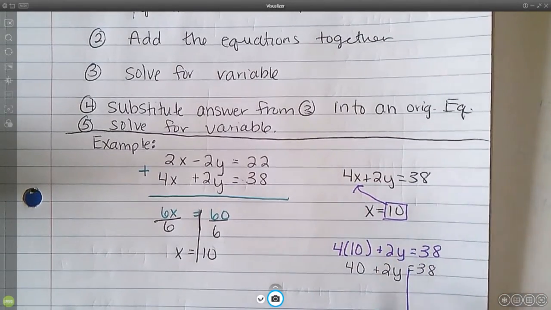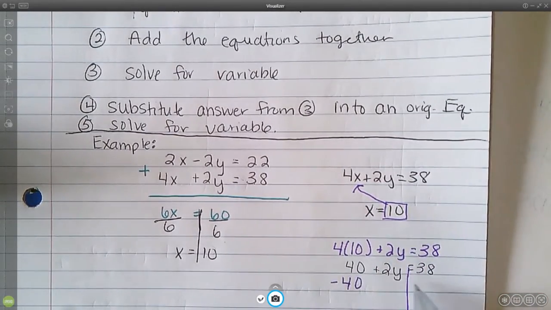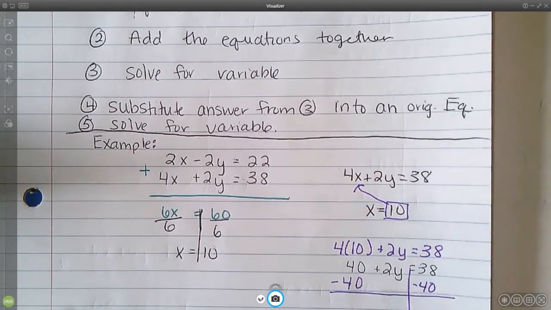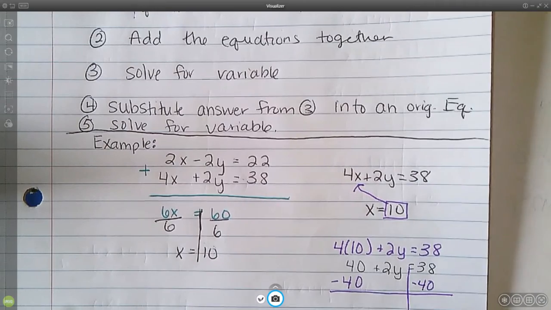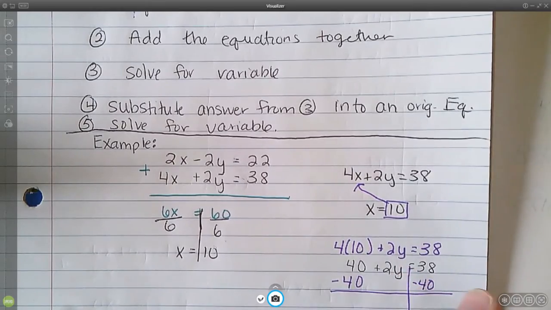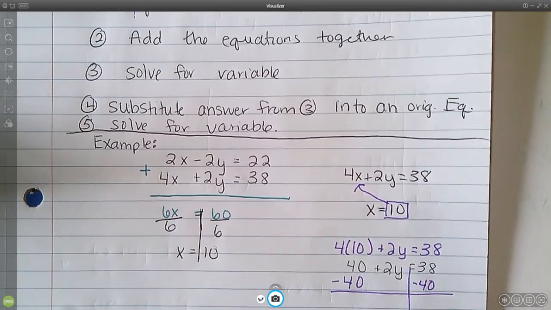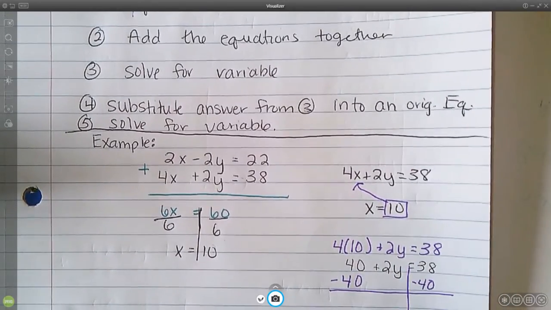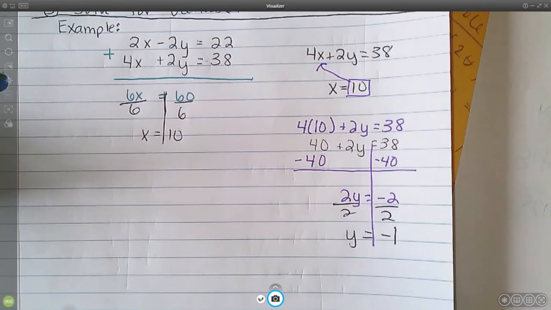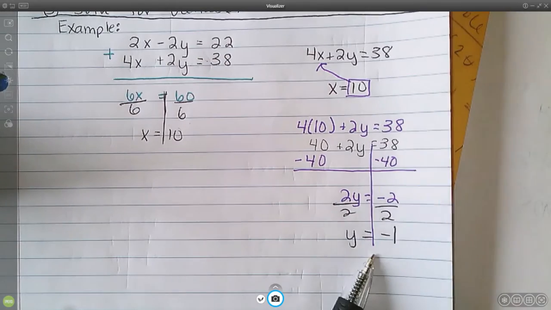We can subtract 40 from both sides. 40 minus 40 is 0, so we're left with 2y equals negative 2. Divide both sides by 2, and you get y equals negative 1. Oops, sorry again. Okay, so I solved for my variable.